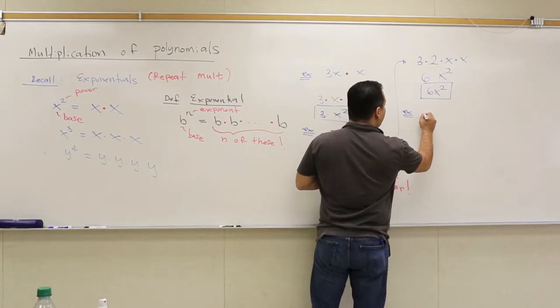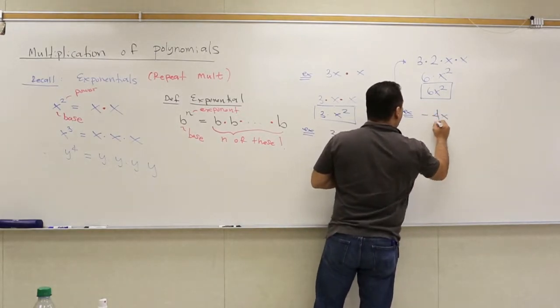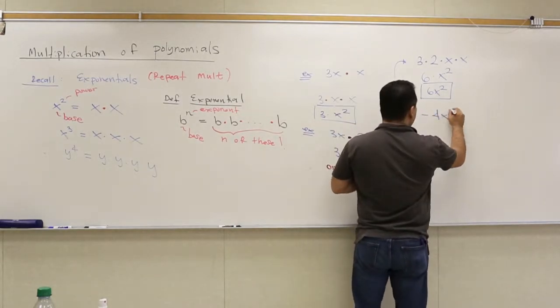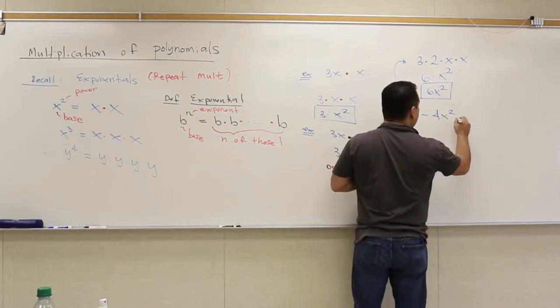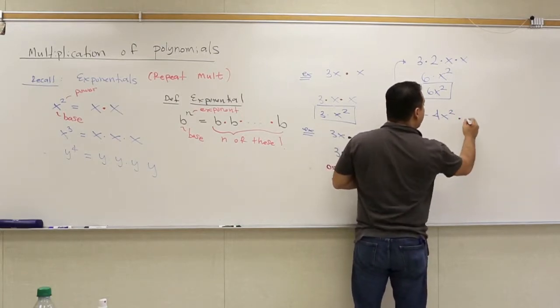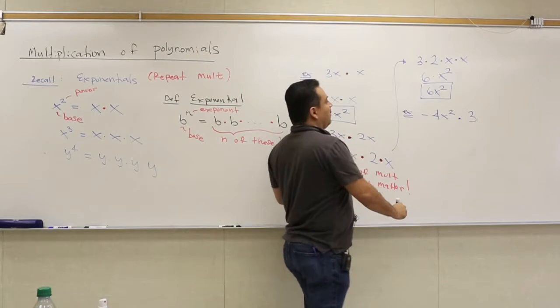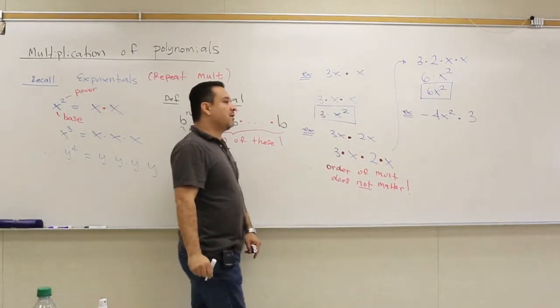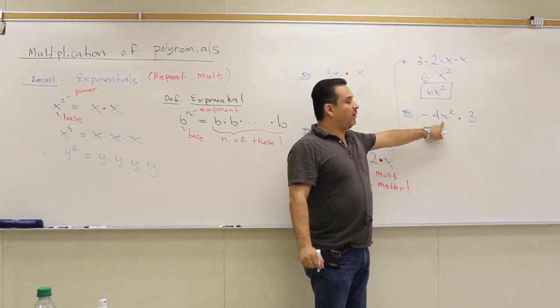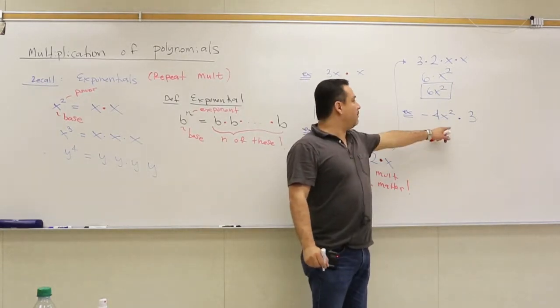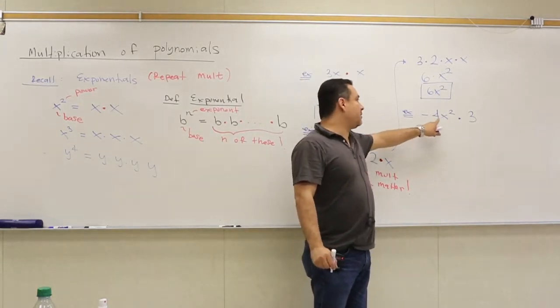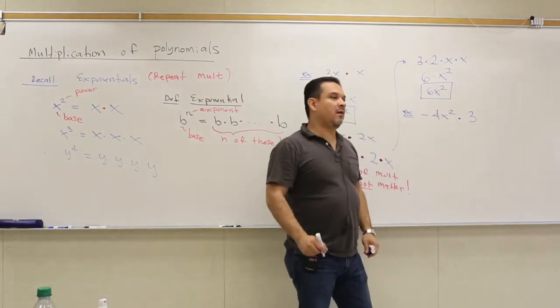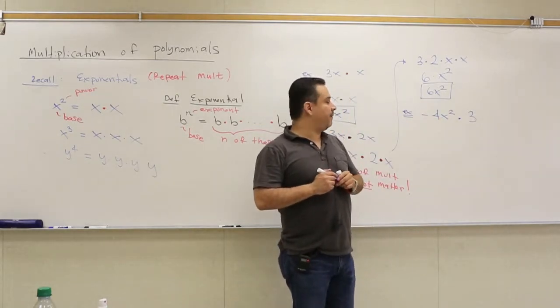Let's give you another example. What if they gave you negative 4x squared times, let's say, 3? What are you guys going to do with this? How are we going to multiply this negative 4x squared by a 3?